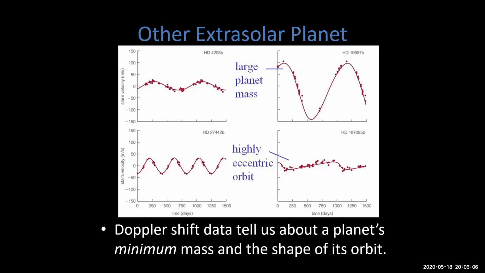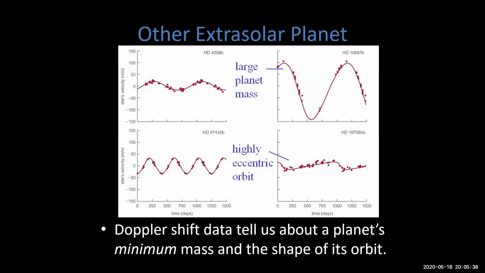When we look at the graph for the radial velocity of stars, there are a few shapes that pop out that tell us about the planets. In the top two, we can see the difference between a small planet and a large planet. The amplitude of the waves is much bigger when you have a large planet. We can also determine how eccentric the orbit is.